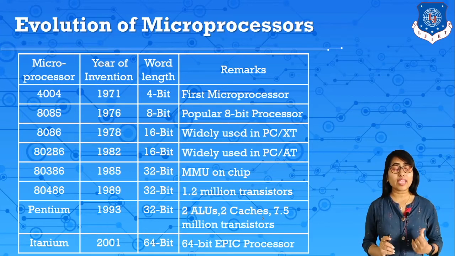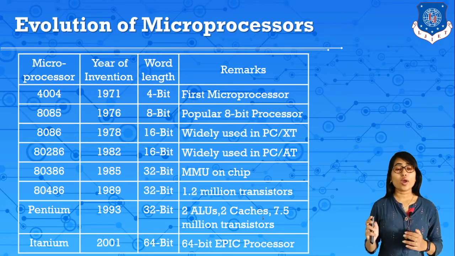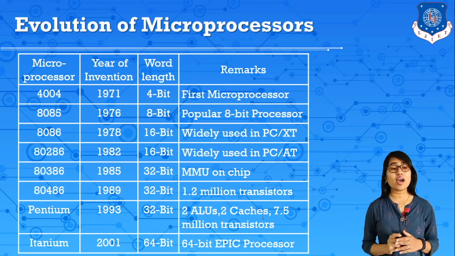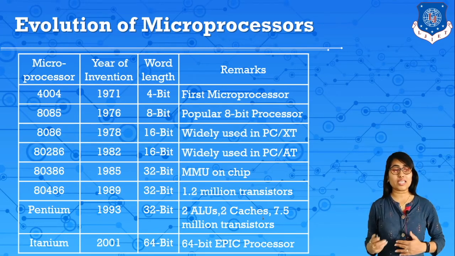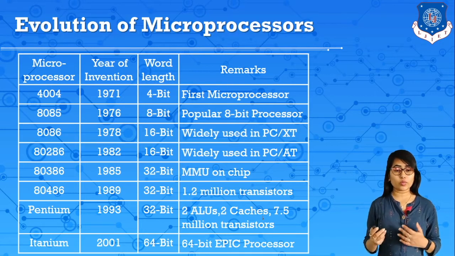Then we have the 80486 microprocessor, invented in 1989, a 32-bit processor. It had 1.2 million transistors on a single platform. The next processor is the Pentium processor, invented in 1993, a 32-bit processor.